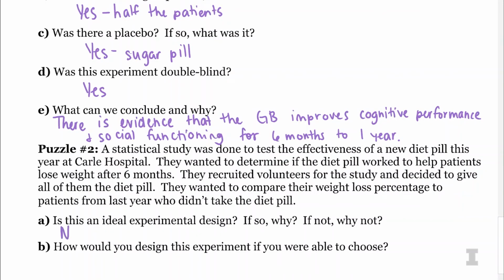It says, if so, why or why not? So I'm going to say no. The worst part of this study is it's not random. So no, because the study is not random. And specifically in this study, we're comparing the subjects who get the treatment to subjects from the past who didn't get the treatment.